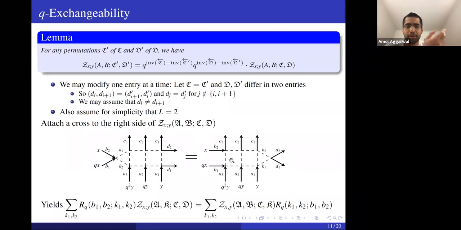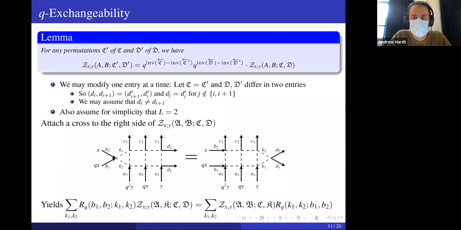So maybe a better way of saying this is that this weight R of K1, K2, D1, D2, this is a typo, will vanish unless K1, K2 is 1, 0 or 0, 1. So that's all I need to consider. Does that answer your question? Yeah, I think so. Thanks.